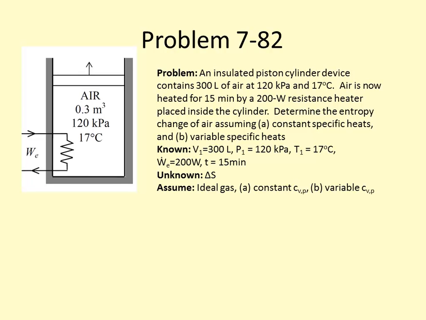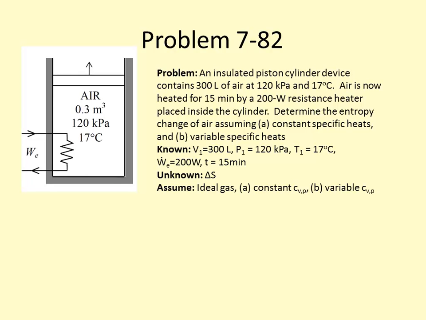Do we have any heat transfer? Nope, it said in the beginning it's an insulated piston cylinder device. Do we have work in? Yeah. What is our work in? Electrical work. Do we have work out? Boundary work. Don't forget the boundary work. So we have work electrical minus the boundary work is equal to M times U2 minus U1. We can combine these terms. The boundary work is equal to PdV. It's a constant pressure problem.